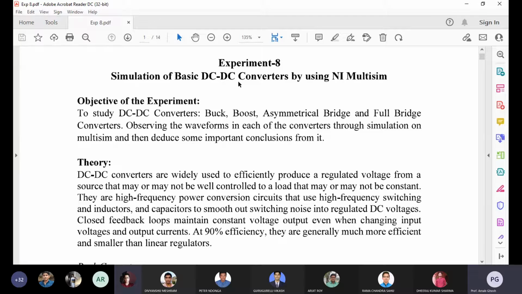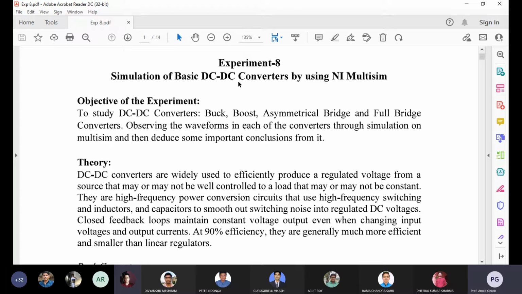There are different types of choppers, which you have already gone through in your second year power electronics subject. Basically we know the step down chopper, step up chopper, then buck-boost. Step down means buck type chopper, step up chopper means boost type chopper.